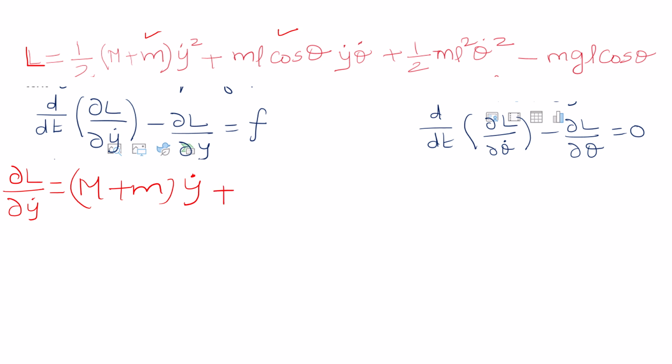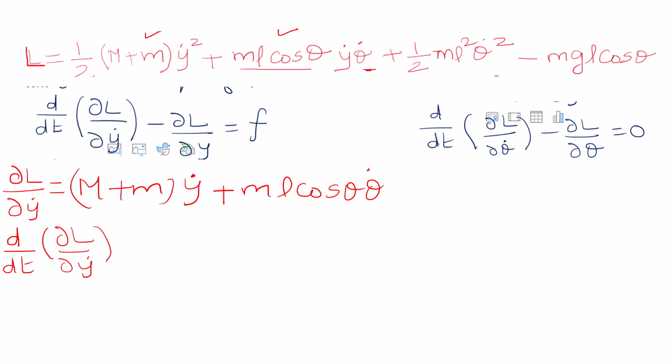Then differentiating the second term with respect to y dot, these terms are constant, so we will be getting ml cos theta theta dot, right? Now as per the equation of motion, we also have to determine d by dt of dou L by dou y dot.